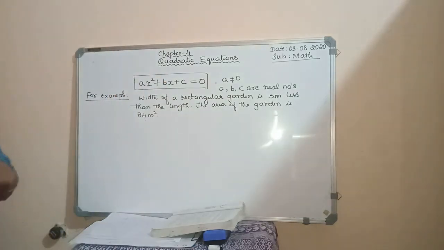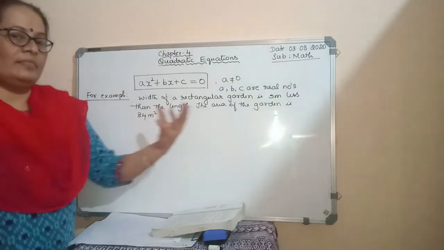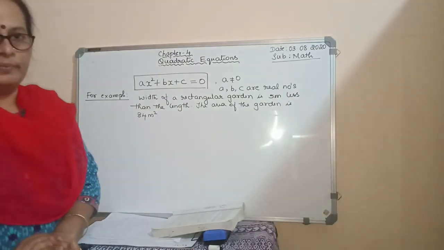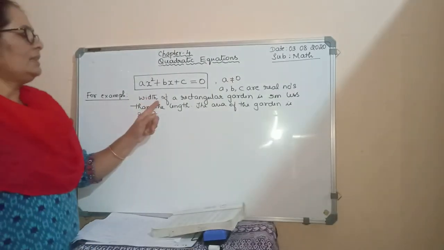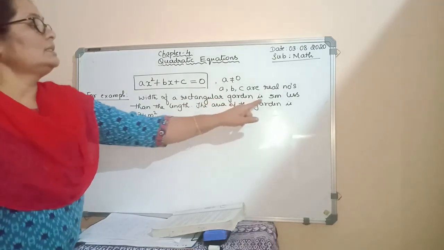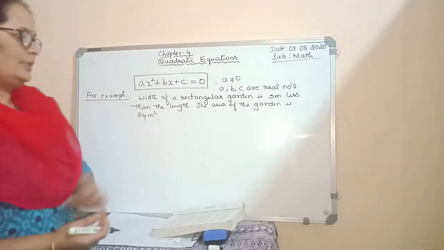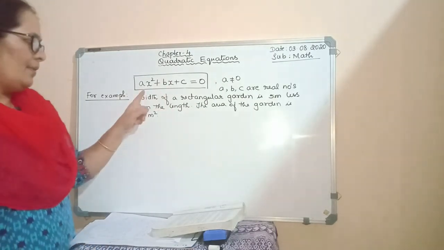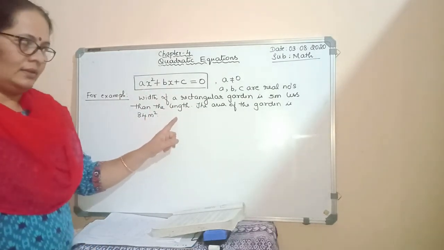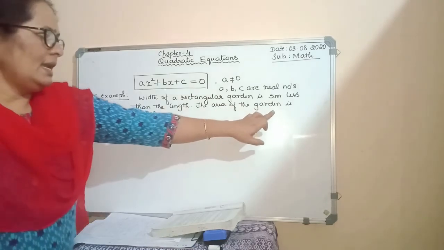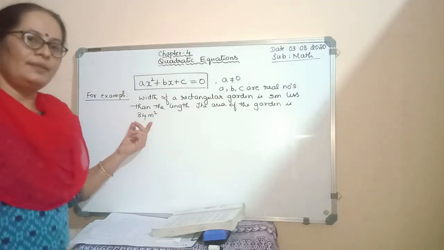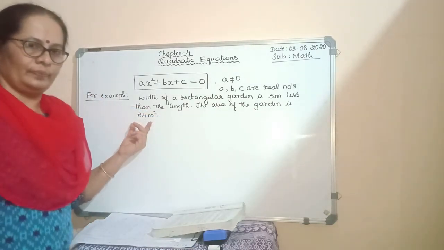Now you have to write this statement in the mathematical form. Here there are two unknown quantities, width as well as length, and the given is the area of the garden, 84 meters square.